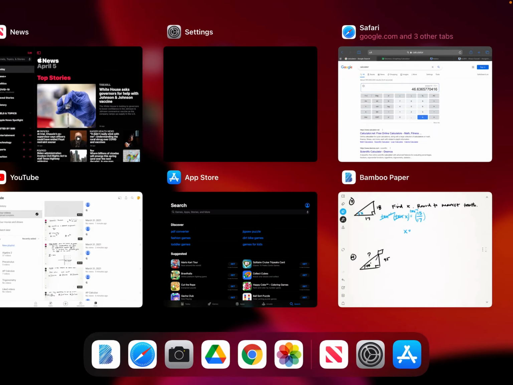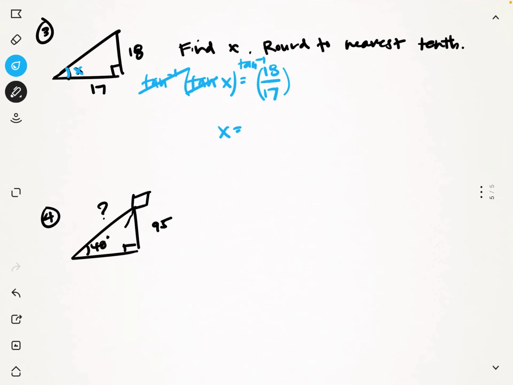Is it asking to the nearest tenth? Yeah, 46.6 degrees. And again, make sure that your answer seems reasonable. Which it does, right? 46 degrees seems like it could be that angle.